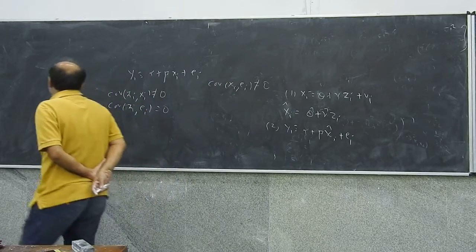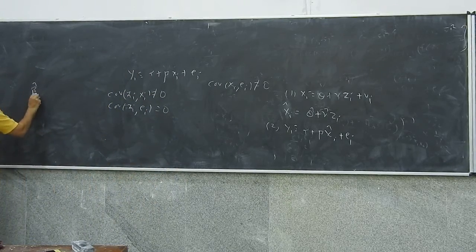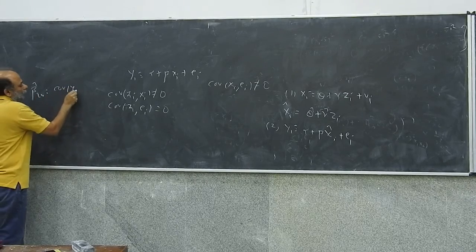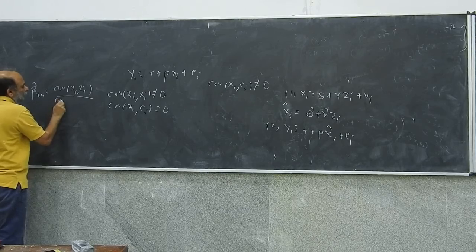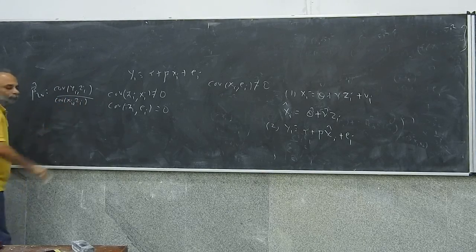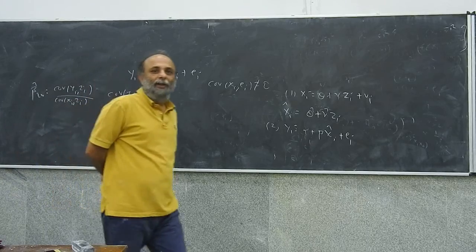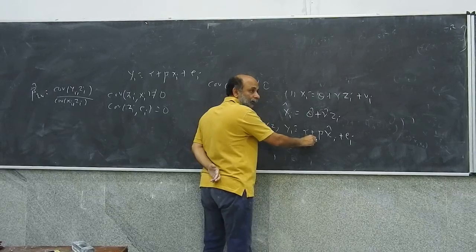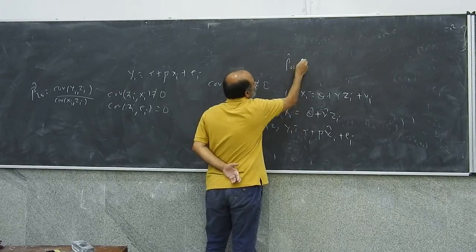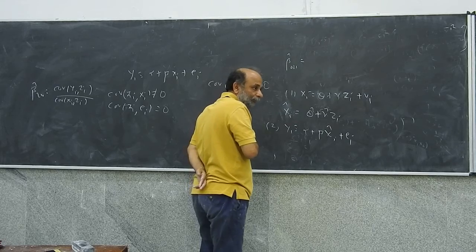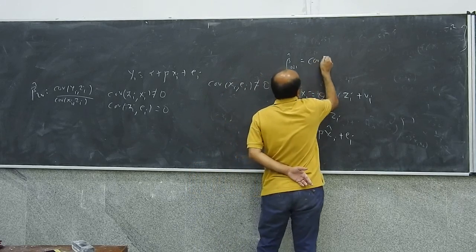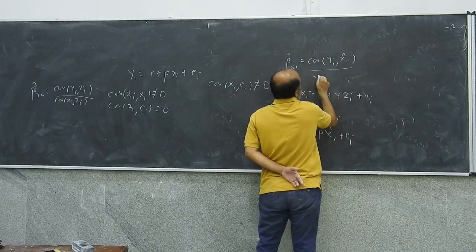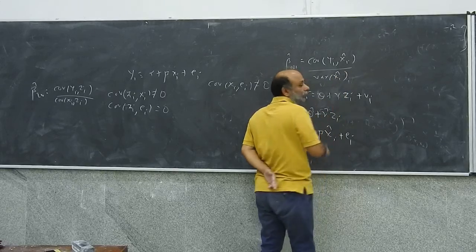Because we know that the instrumental variable estimator, beta hat IV, should have been that. So if I do beta hat here, now beta hat OLS is the covariance, yeah.